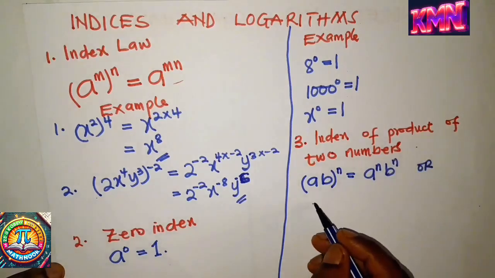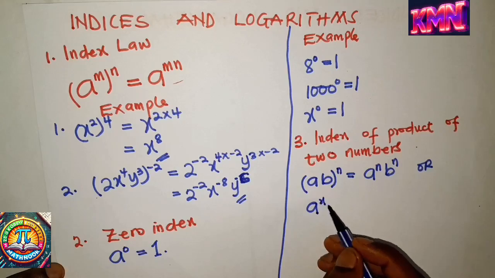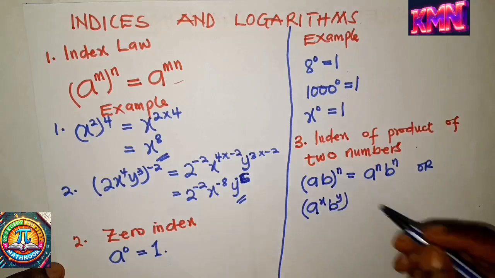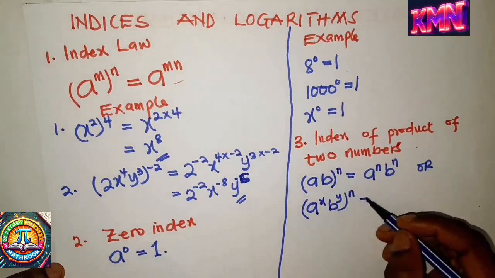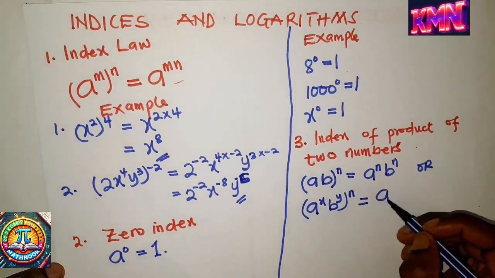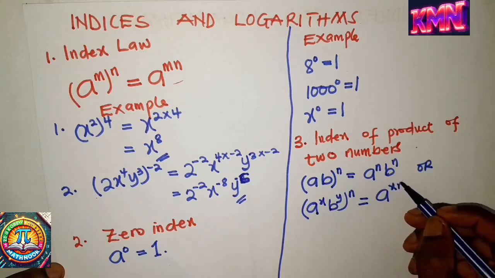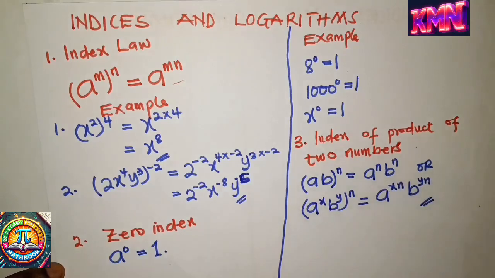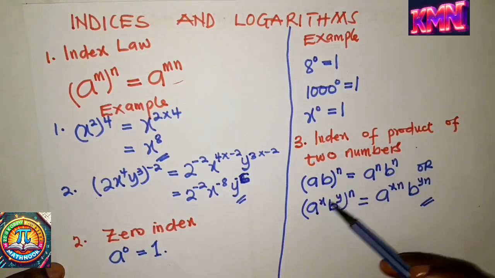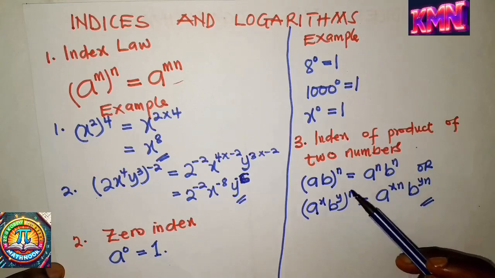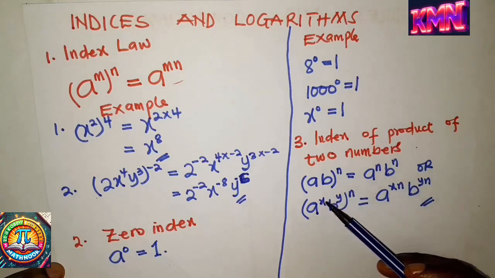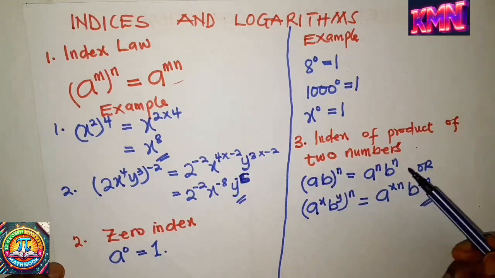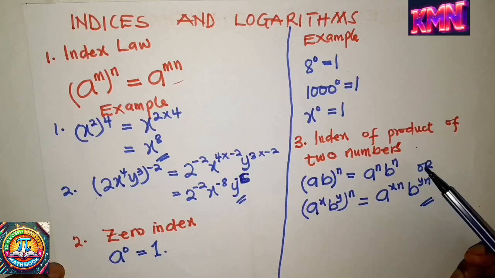Or assuming we have a to the exponent x by b to the exponent y, all to the exponent n, this can be written as a to the exponent xn, b to the exponent yn. Whereby there is an exponent attached to the product, you just multiply the outer exponent by the inner exponent to get the result.